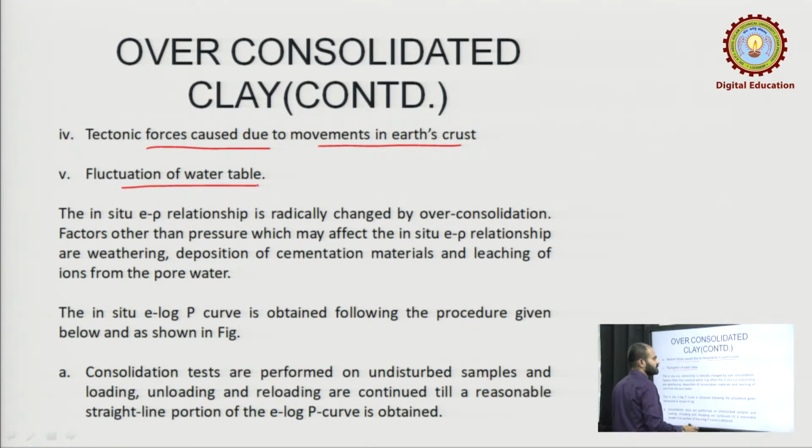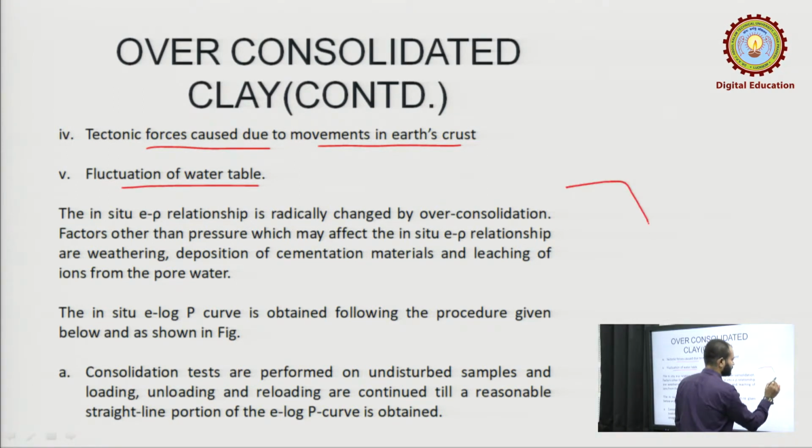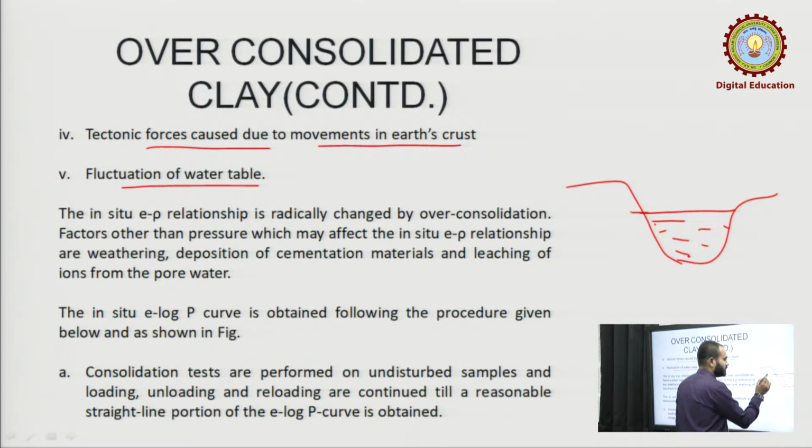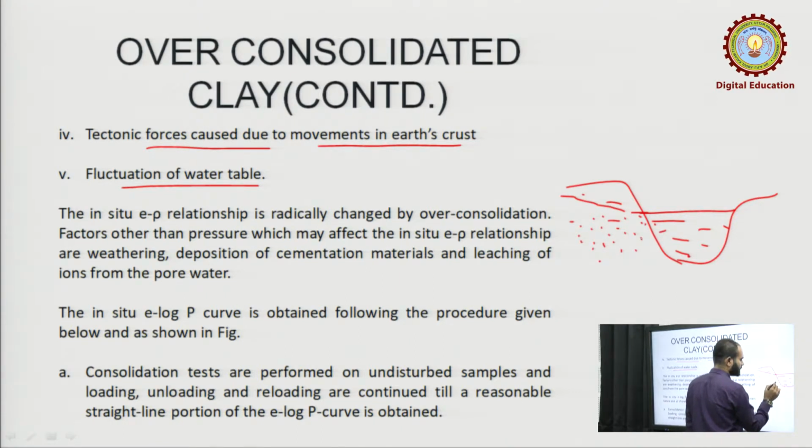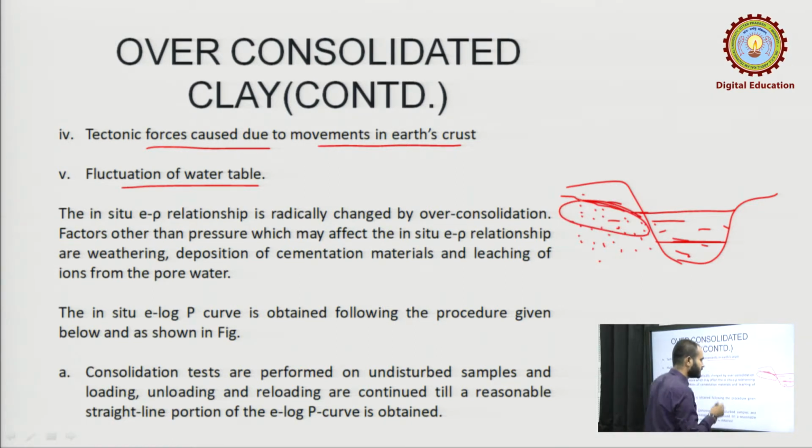Fluctuation in the water table, means suppose something like this, here it is water, you know that water will also be here. Soil here will be under hydrostatic pressure, or pore water pressure will be inside this. Later on, if this water gets reduced, then this part which was bearing higher pressure is now bearing lower pressure. So, this part will be over consolidated.